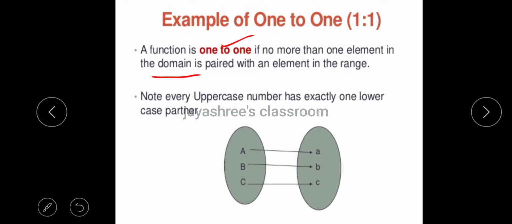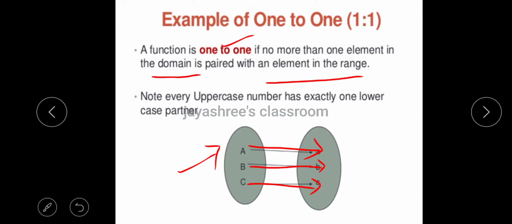is paired with an element in the range. For example, you can see in this picture, arrow diagram, not every uppercase member has exactly one lowercase partner. You can see here capital A, B, C. A is connected to small a, capital B is connected to small b, and capital C is connected to small c.